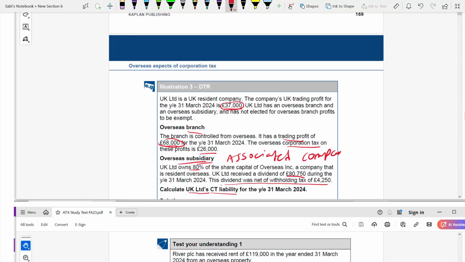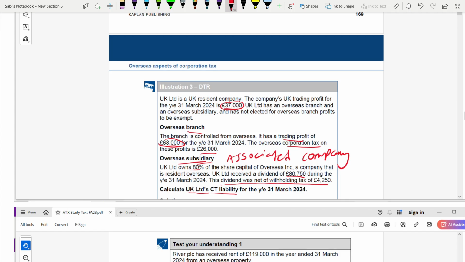So because it is an associated company, it will have an impact in your upper level and lower limit, right? Lower limit. Now you have two associated companies. Overseas Inc. is an associated.